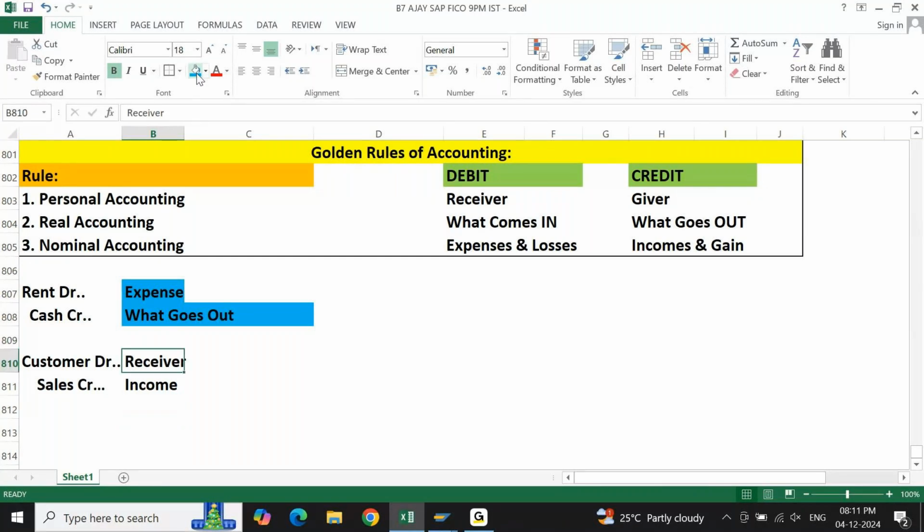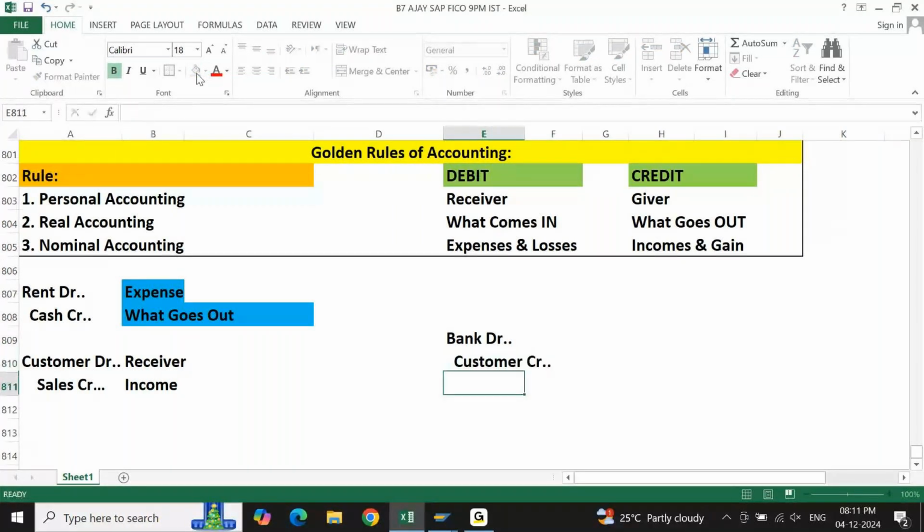Yes. Alright. For example, if I'm talking about, let's say, bank debit, customer credit. Why is bank debited? What comes in?